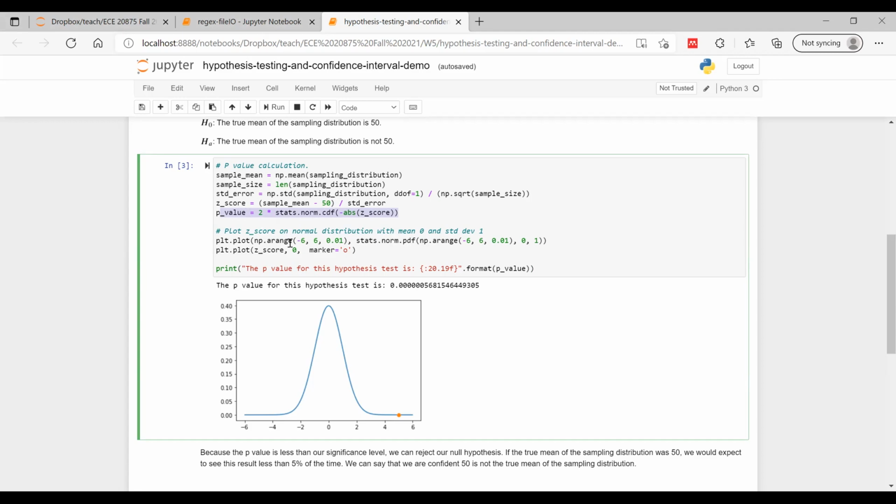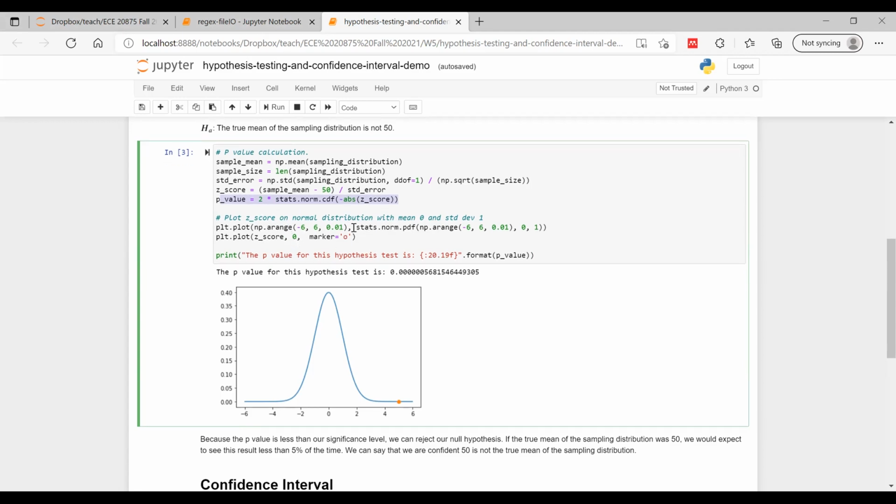All right. So the next step is just to do some plotting. You do np.arange. With np.arange, you give the starting point and end point, and it creates evenly spaced points. So you basically generate points between -6 and +6, using a step size of 0.01, to generate many equally spaced points as your x-axis.